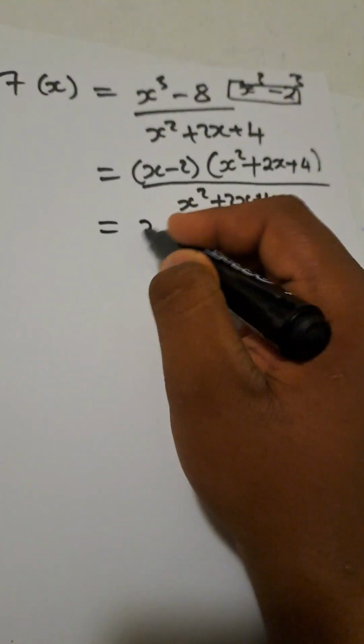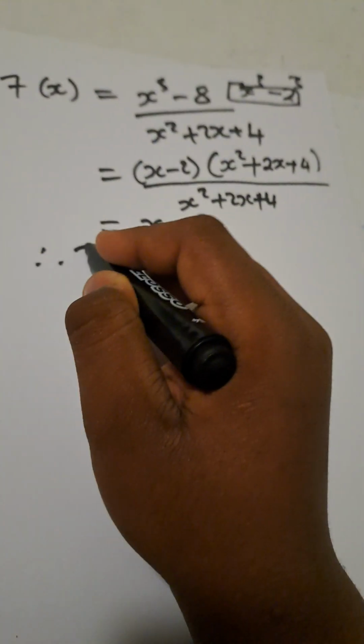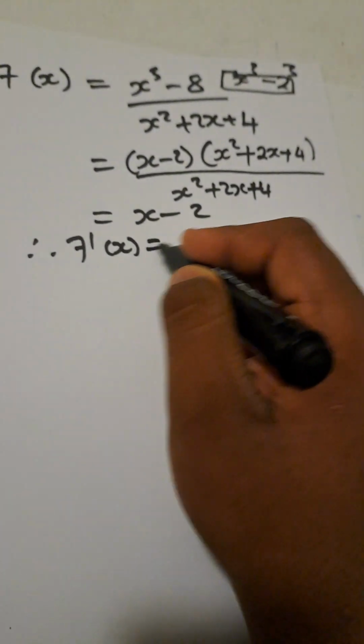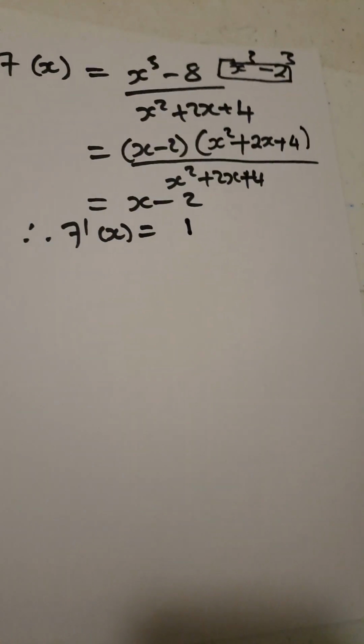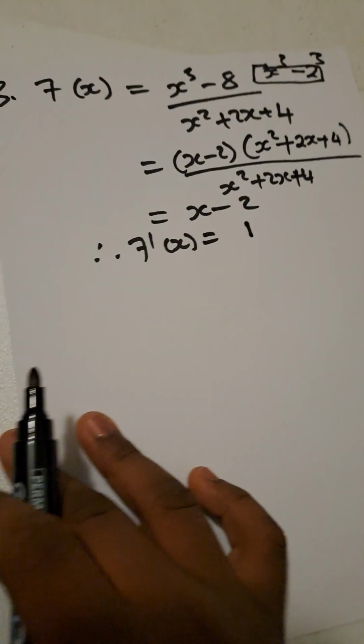This will cancel, and I'm left with x minus 2. Therefore my first derivative is equal to 1. You must know how to simplify your expressions.